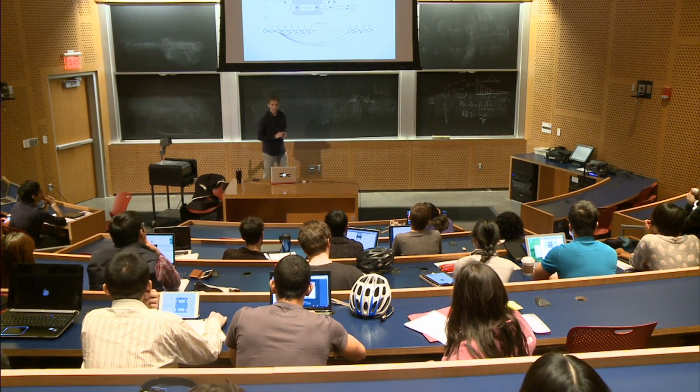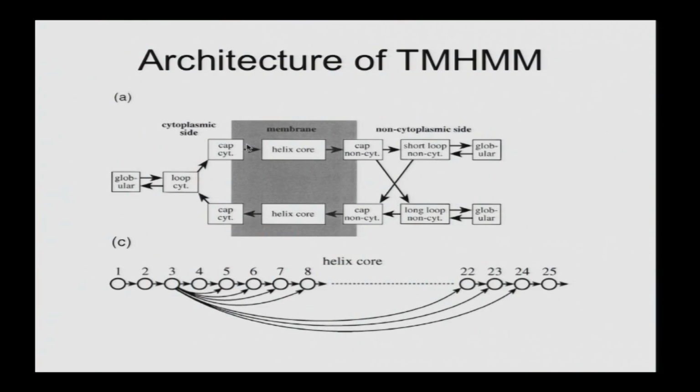This is the solution that the authors actually used. They made essentially 25 different helix states, and then they allowed various different transitions here. It's a little arbitrary, but they have this special state 3 that can take a jump.